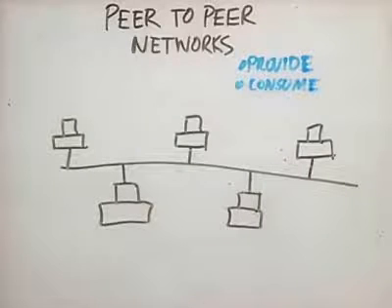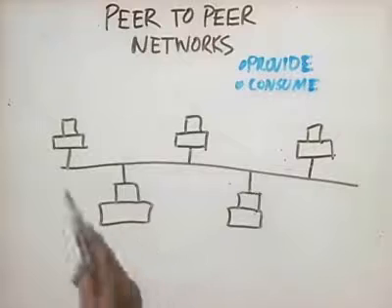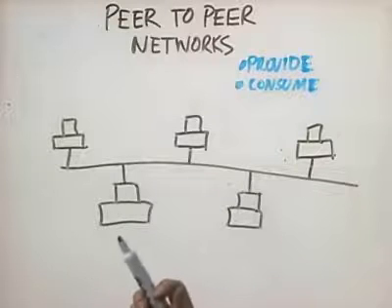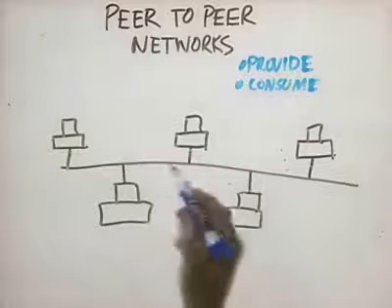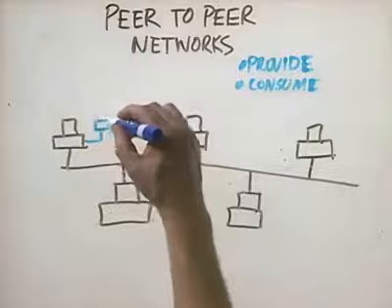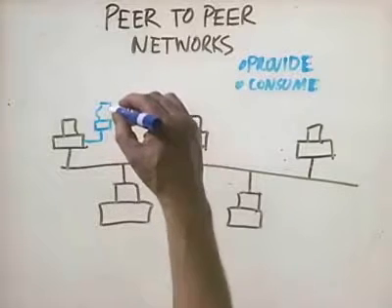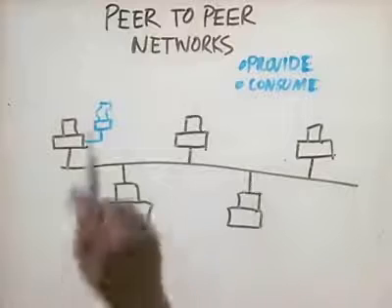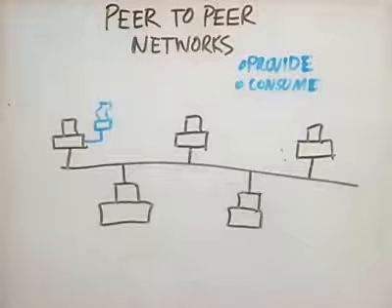What exactly does that mean? Well, in a peer-to-peer network, we have a variety of operating systems here, and they fulfill a variety of different roles. For instance, over here, we may have a workstation that has a printer connected to it, and that printer is shared on the network, allowing each of these different hosts to print to that printer.